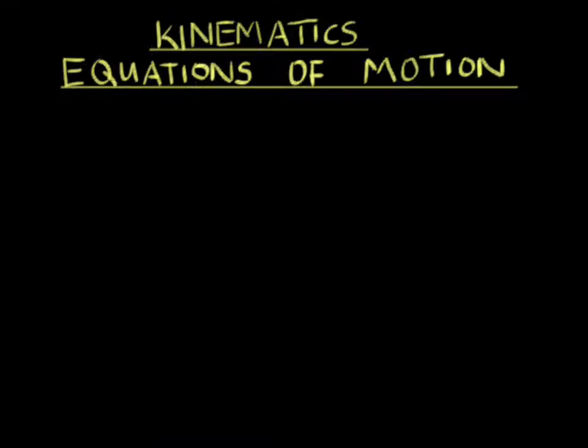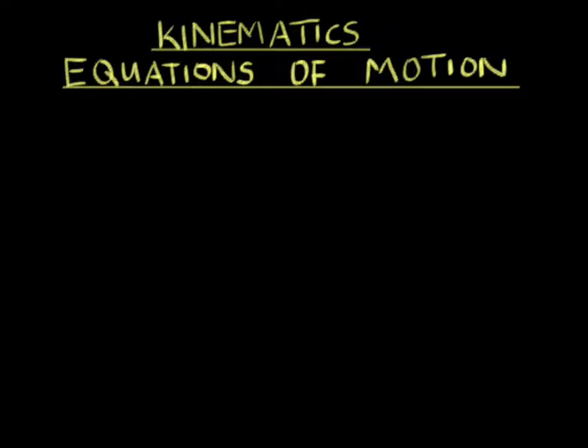On our lectures today, we're going to be studying kinematics, and we're going to be looking at equations of motion under the kinematics. Now, suppose we have a body moving with a uniform acceleration. Acceleration, we'll denote that with a.